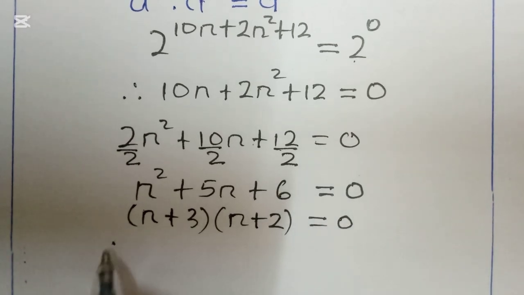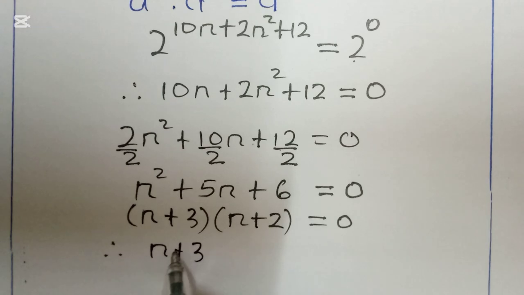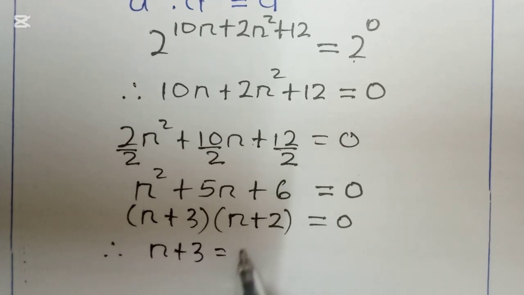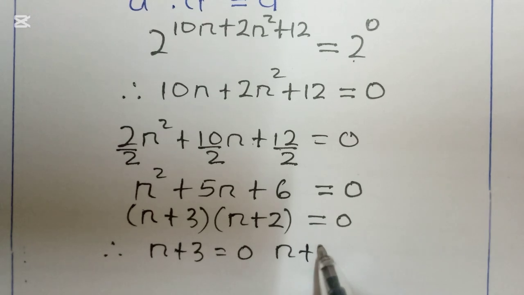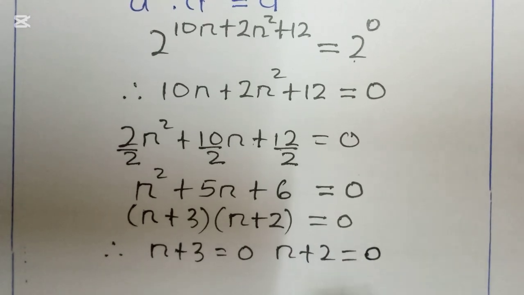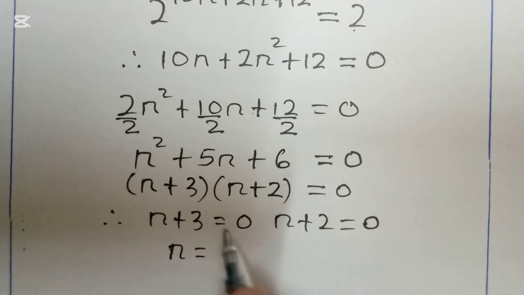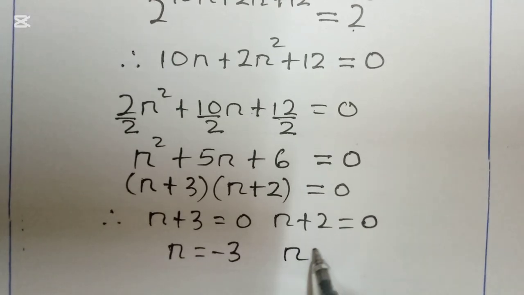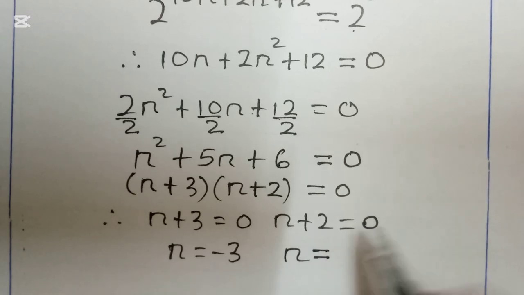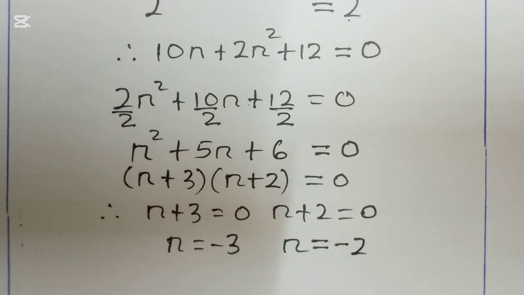And therefore, n plus 3 is equal to 0, or n plus 2 equals to 0. And therefore, n equals to negative 3, n also equals to negative 2.